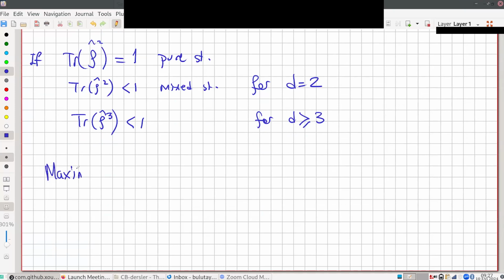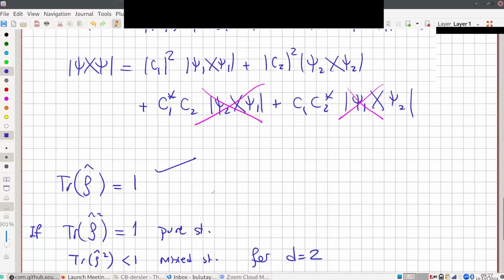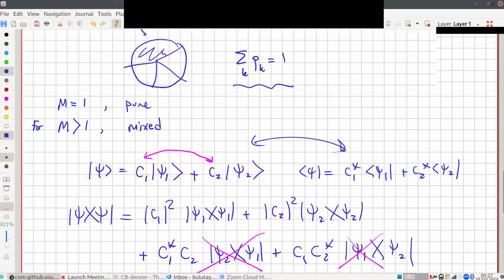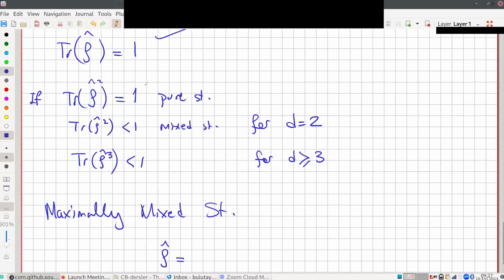Maximally mixed state. In that case, for a maximally mixed state, the density operator has equal weights. So this is a very democratic country. All these guys have equal contributions in the mixture.